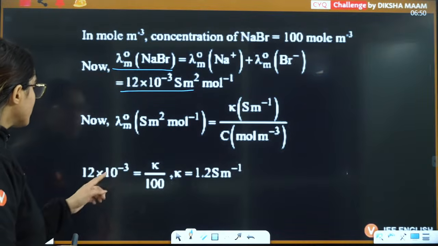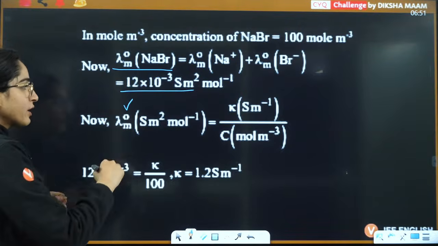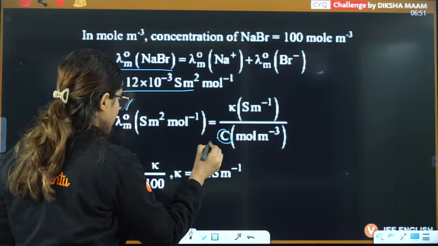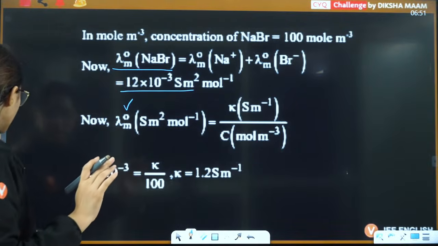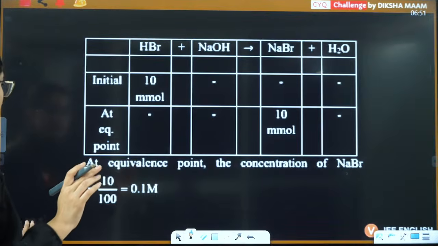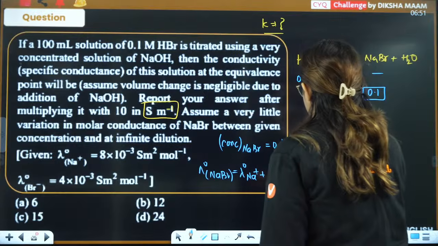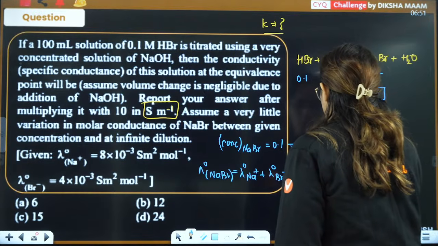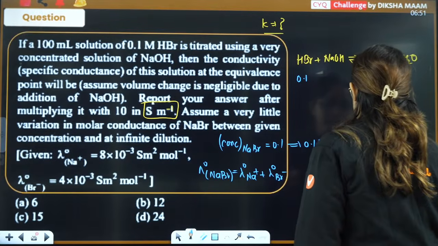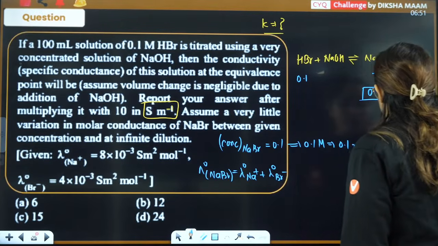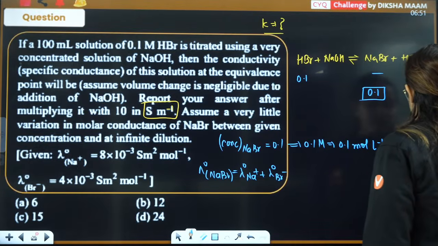So here, molar conductivity, you know the value, you have calculated it. Concentration is nothing but 0.1, right? Now remember that this concentration is 0.1 molar. What is molar? 0.1 mole per liter. Liter means decimeter cube, 0.1 mole per decimeter cube.